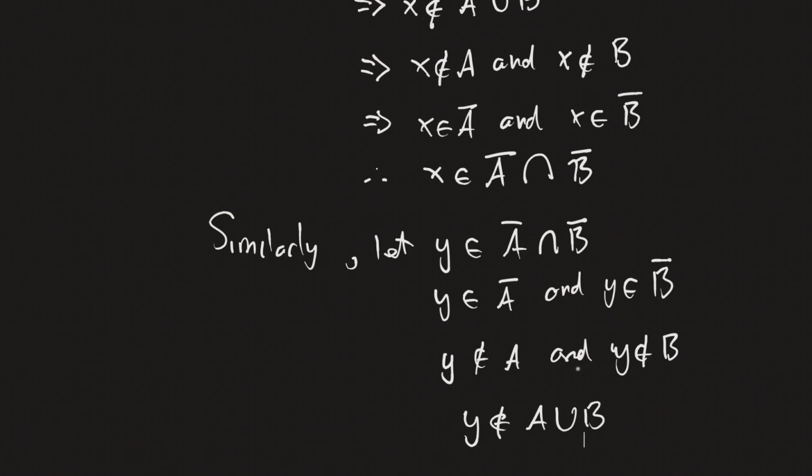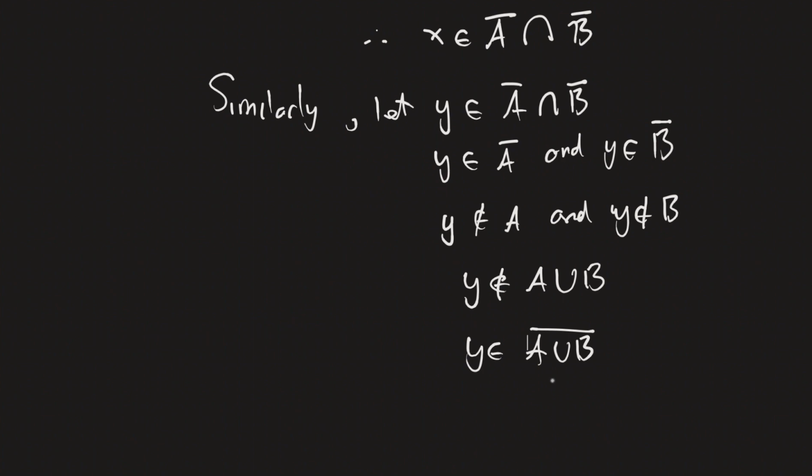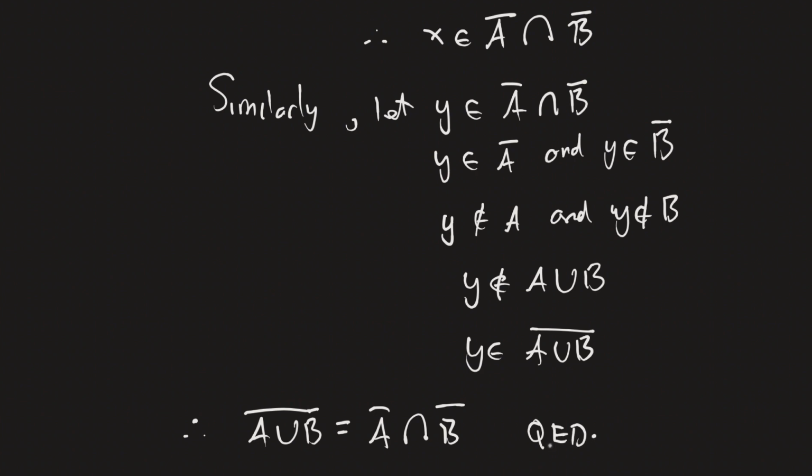It's the and that's important, right? And then therefore if it's not an element in the union, then it has to be an element in the complement of the union, right? So what we've essentially shown is that these two sets are subsets of each other, right? So therefore, the complement of A union B is equal to A complement intersect B complement. And that's our QED, right?